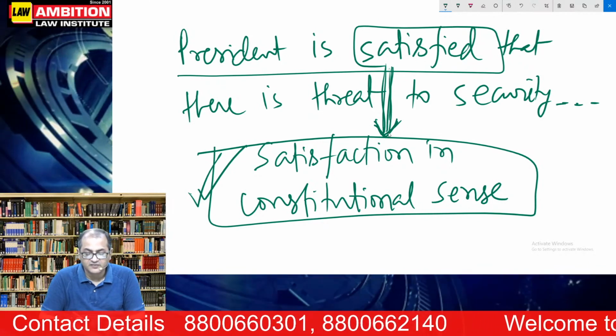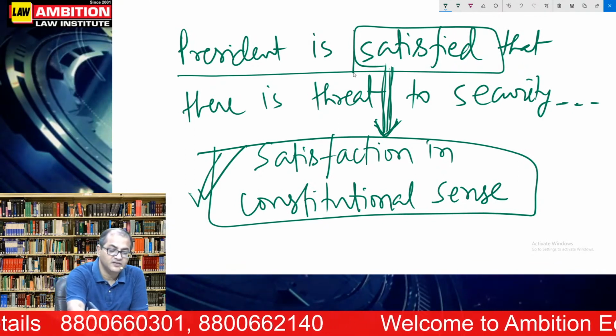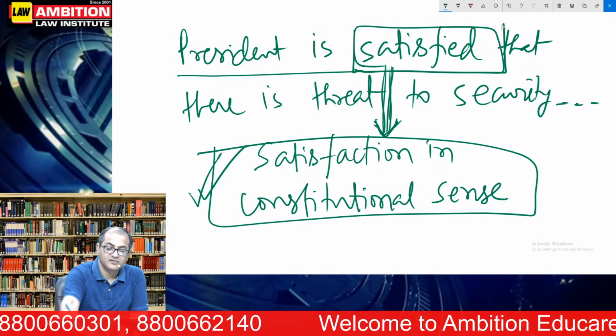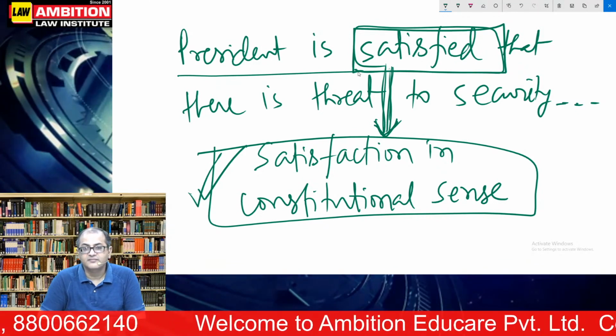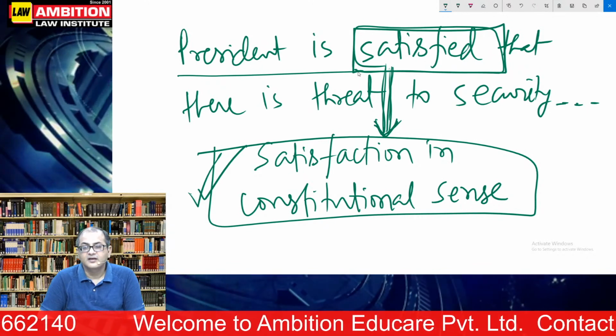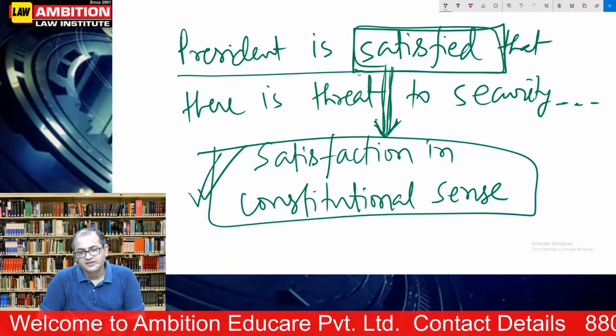And what is satisfaction in constitutional sense? Satisfaction in constitutional sense means satisfaction as per the constitution. And what is satisfaction as per the constitution?